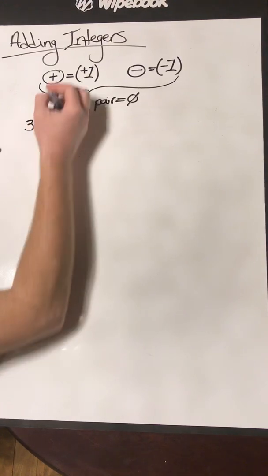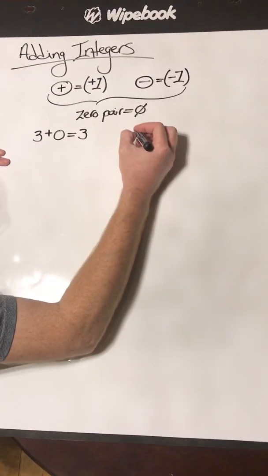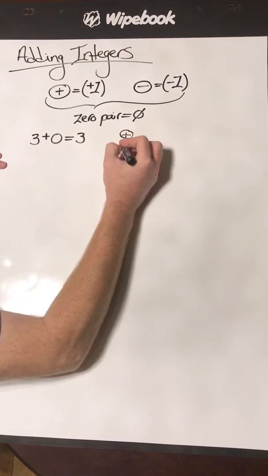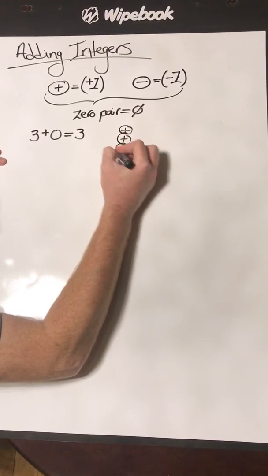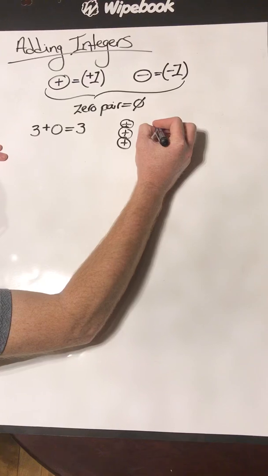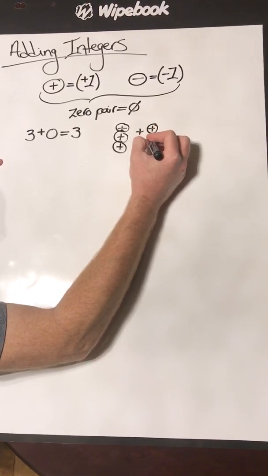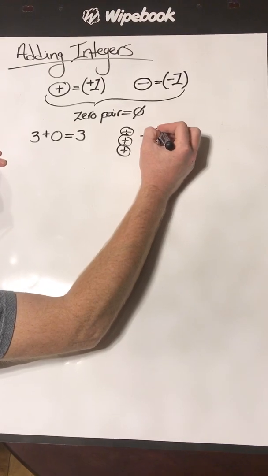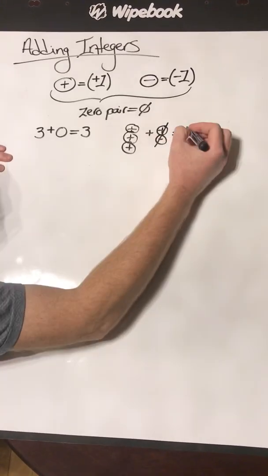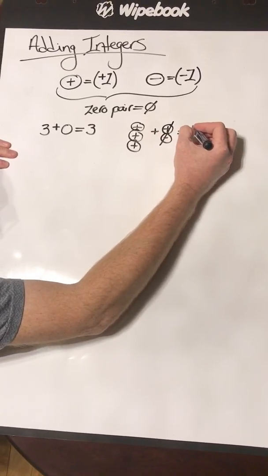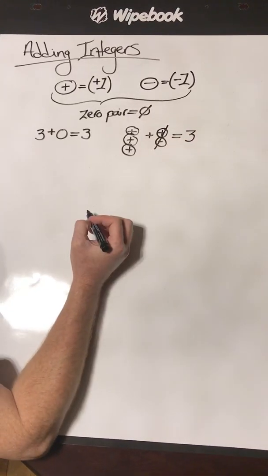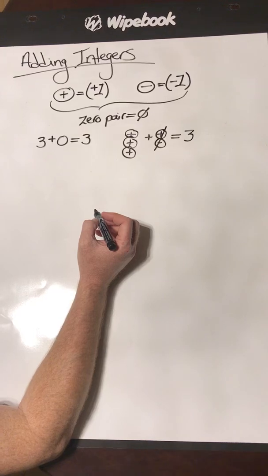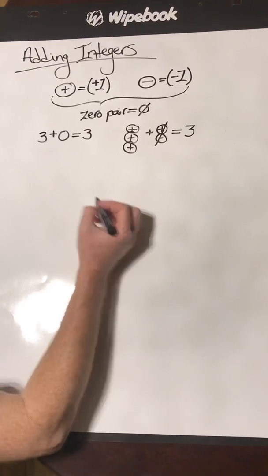Similarly, when we're using these symbols, if we have 3 positives and we add a zero pair, it is still going to equal 3, because the positive and negative cross out. So we're going to use those zero pairs when we are adding integers.